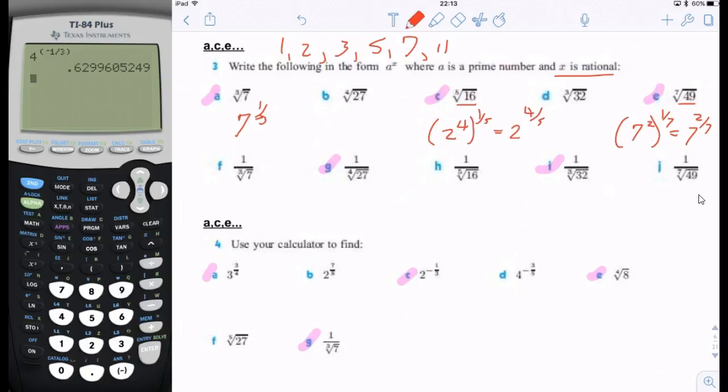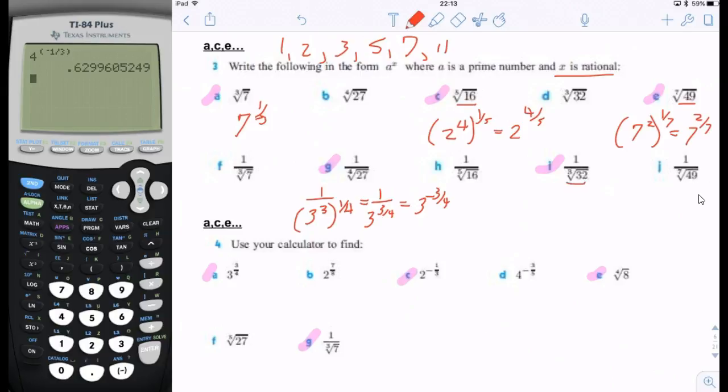1 over the 4th root of 27. 27 is 3 cubed to the 1/4 power, so that would be equal to 1 over 3 to the 3/4, and I'm going to flip that over, so I'm going to put 3 to the negative 3/4 because I'm putting it in the numerator.